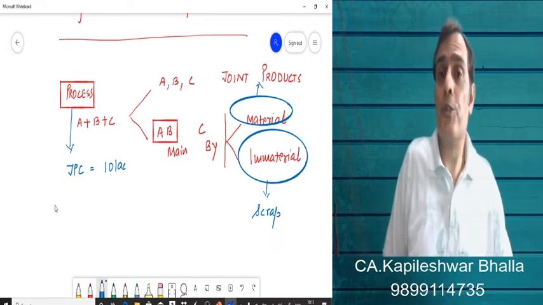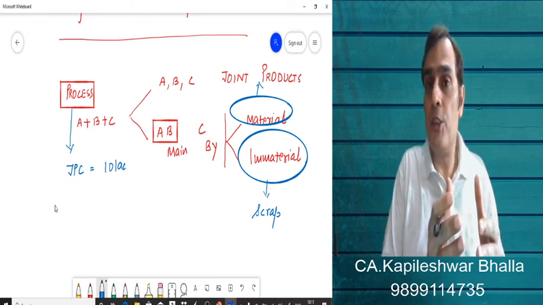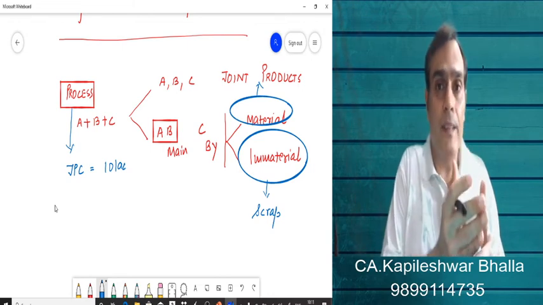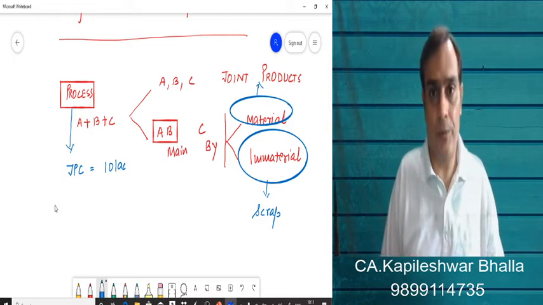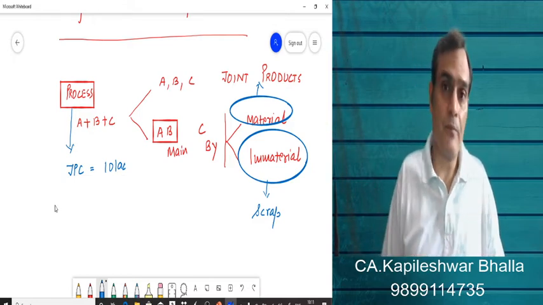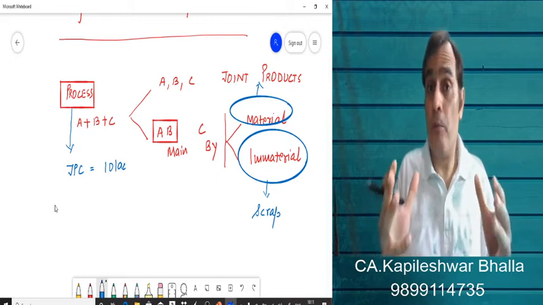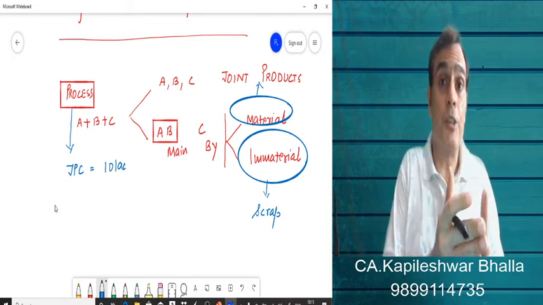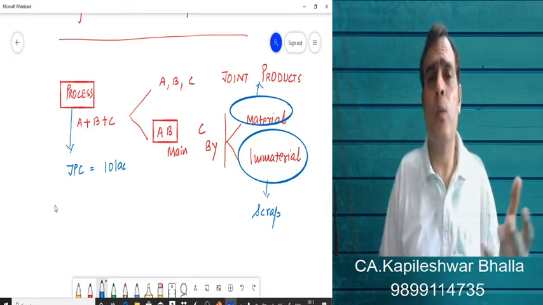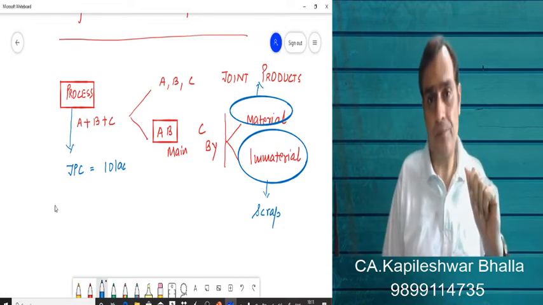Now, what we used to do in this case: if A, B, C are joint products, you divide this 10 lakhs between A, B, C in the sales value ratio. I repeat, you know that there is a joint processing cost for processing A, B, C together. So if you want to allocate this GPC between A, B, C, we simply do it in the ratio of sales value of A, B, C.